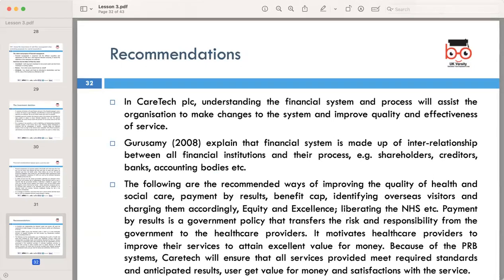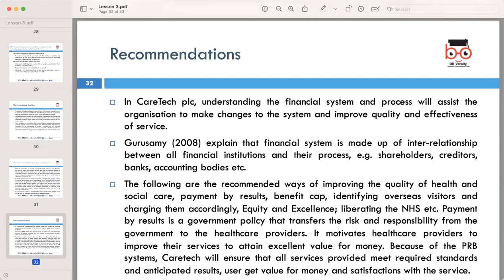Recommendations. To improve the quality of health and social care services, one of the suggested approaches is the implementation of a payment by results system. This government policy transferred the risk and responsibility from the government to healthcare providers, motivating them to improve their services to achieve excellent value for money.